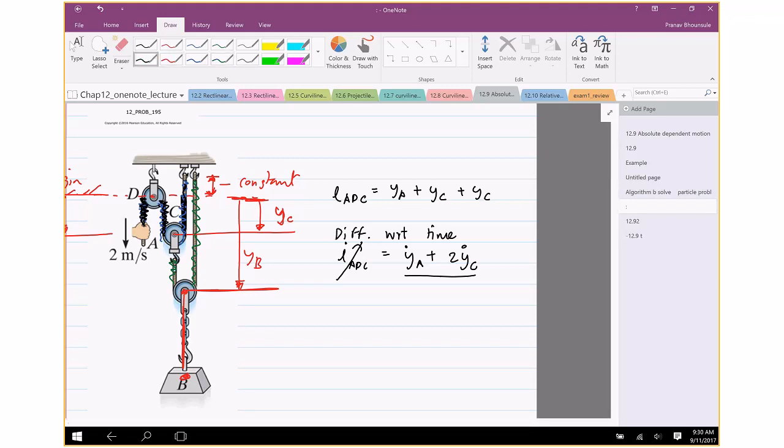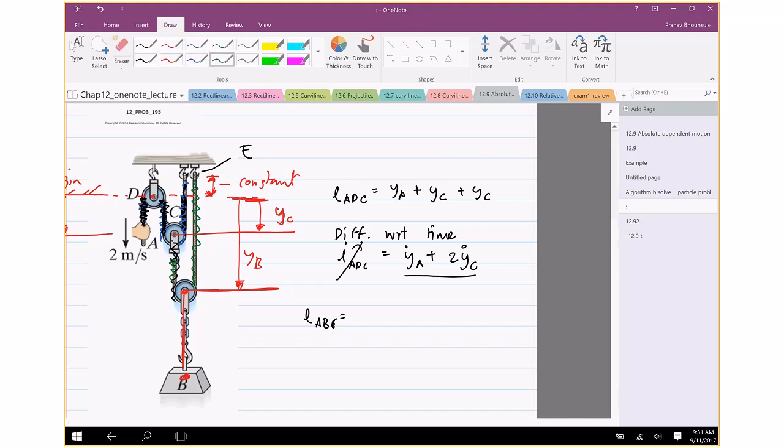Okay, so let me call this point, let's say, E. So L_ABE is the other string. Okay, so I need to find this distance. What's that distance?